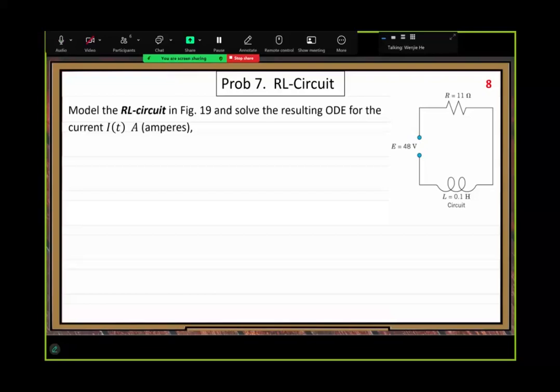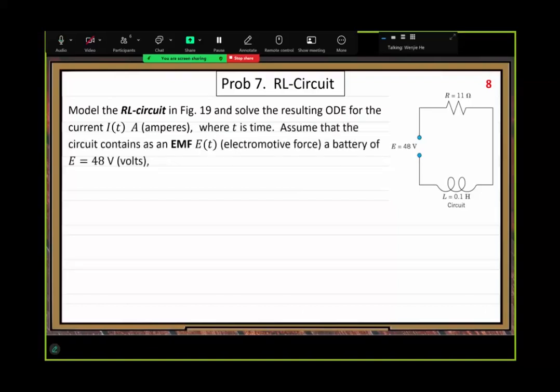Model the RL circuit in figure 19 and solve the resulting ODE for the current I of t, in amperes, capital A, where t is the time, assuming that the circuit contains an EMF E of t.